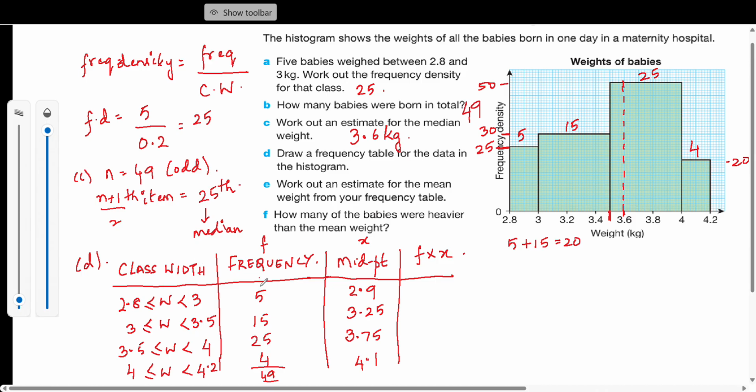Now, all we need to do is calculate now. 2.9 into 5. 29 into 5 is 145.